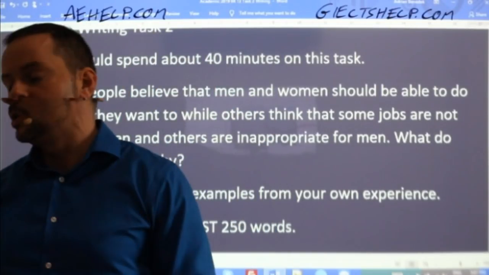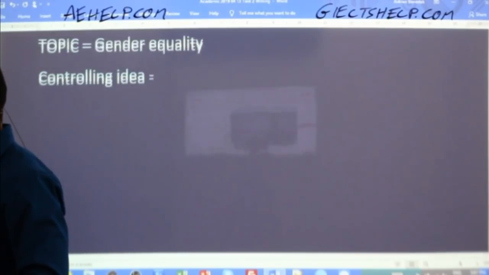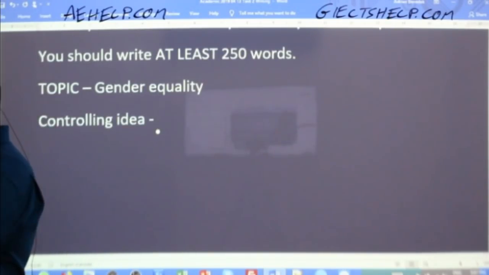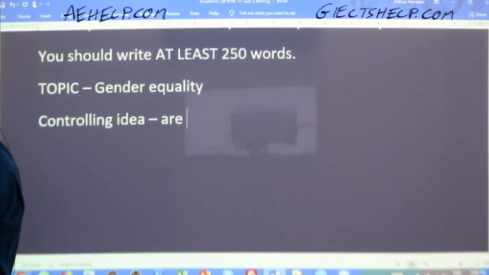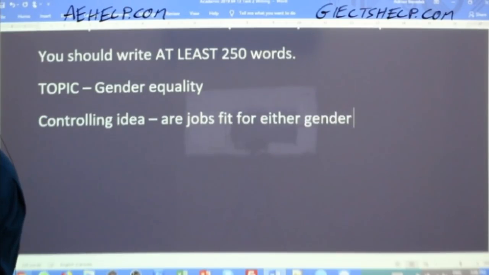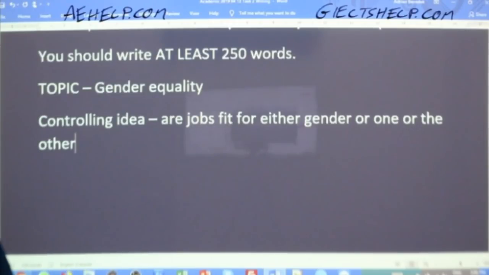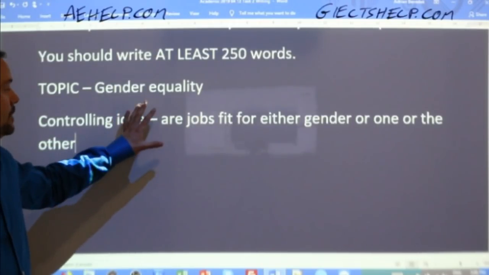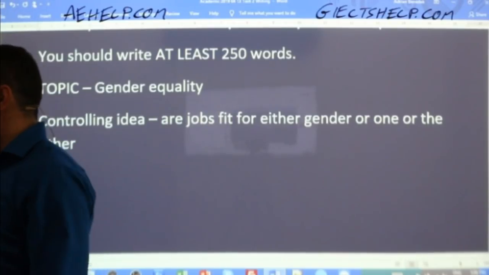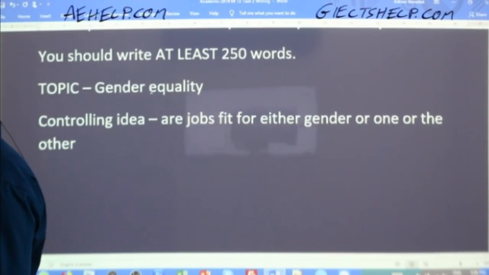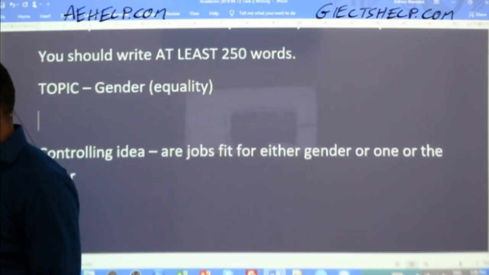Okay, so the controlling idea here is are jobs fit for either gender or one or the other. So we're talking about genders, we're talking about gender equality. Even the word equality is maybe a little bit more of the controlling idea.